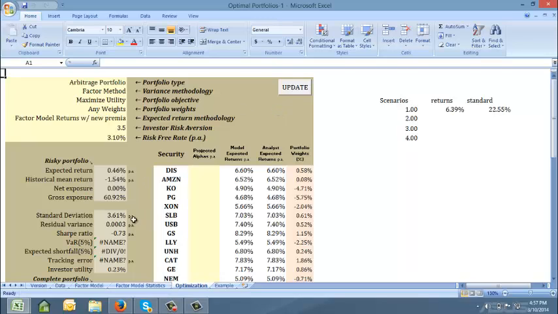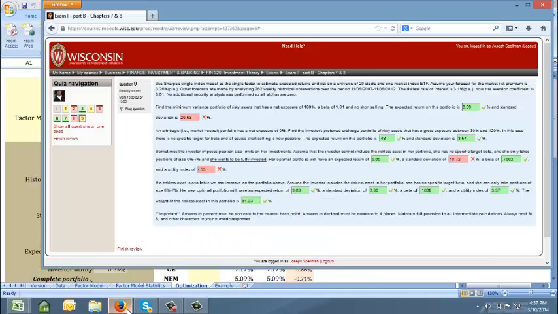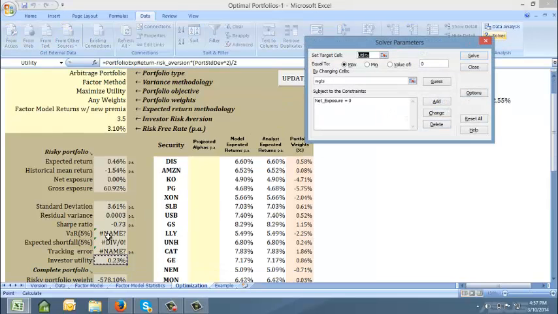Alright, now it's done. Net exposure is 0. We're going to use solver to make sure gross exposure is between the 30 and 120%, I believe. Yep. So we'll go solver, gross maximize utility, changing weight.